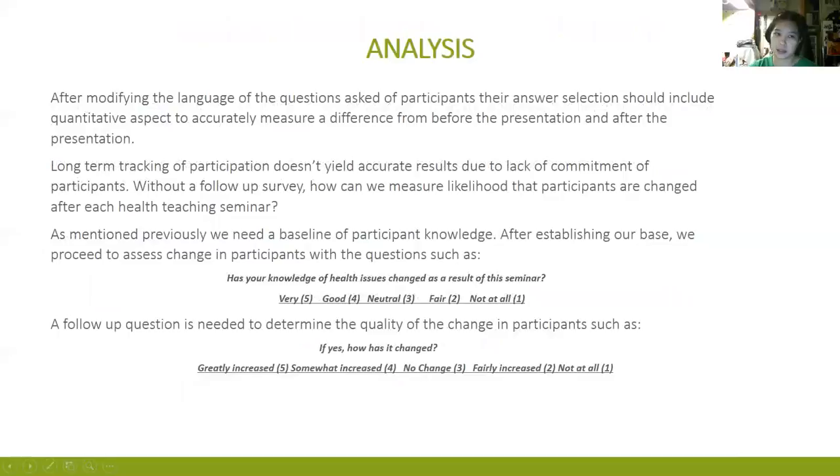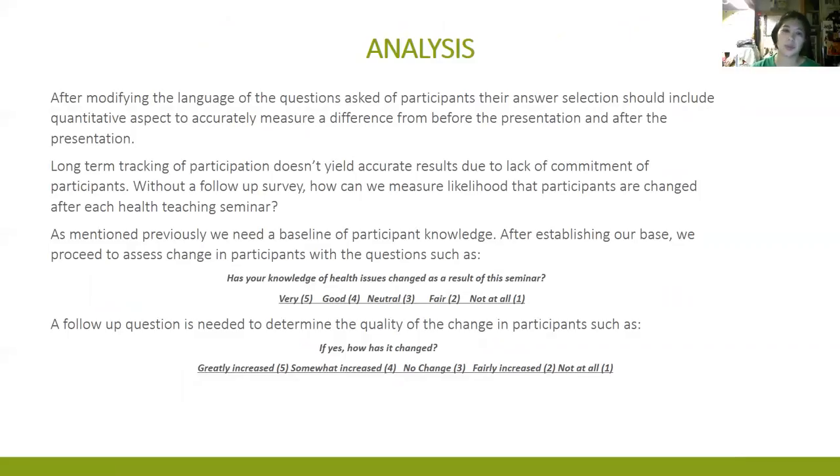So the analysis. After modifying the language of the questions asked, participants' selection should include a quantitative aspect to accurately measure a difference from before the presentation and after the presentation. So that's gathering our baseline at the beginning of the presentation and assessing what's changed at the end.